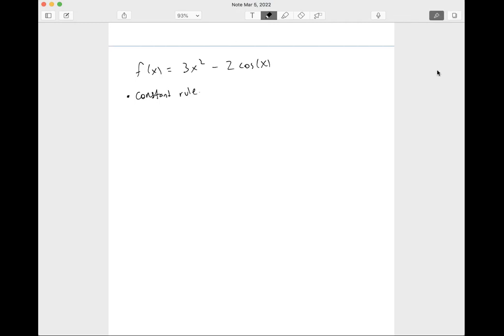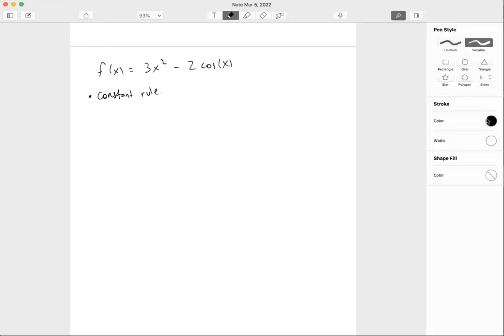So we have these coefficients in front of these common functions that we know. So when we do derivatives, we can essentially ignore those constants and only look at the more interesting functions.